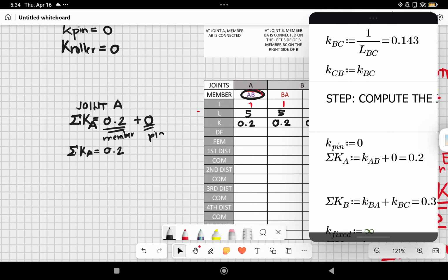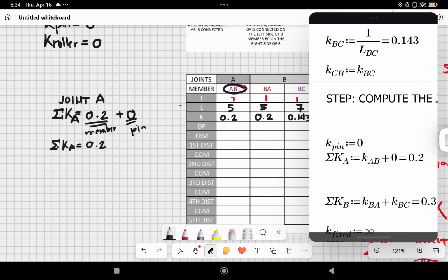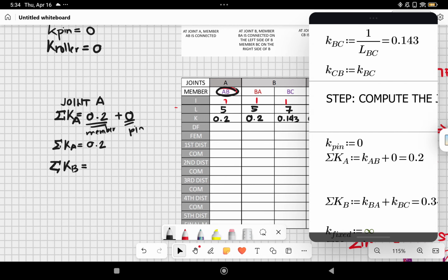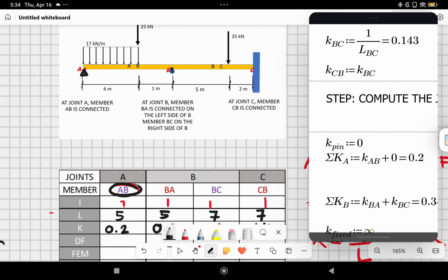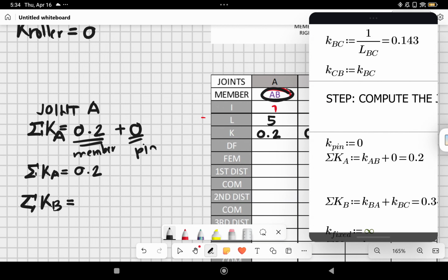Next, in B, we can see that what is connected at joint B is member BA, member BC, and the roller. So, that is KBC plus KCB plus K of the roller.